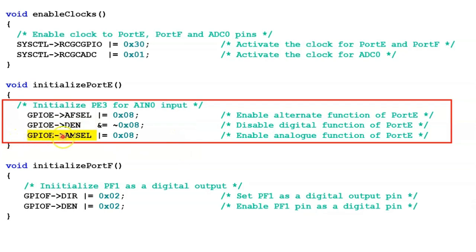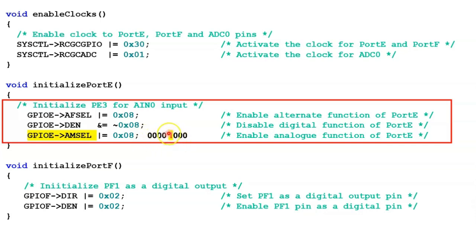Next, we come to this statement here. This here is the analog mode select register for port E. Each bit in this register enables or disables the analog function for a corresponding pin. So we take this value 08 hexa. If we convert it to binary, we get this.